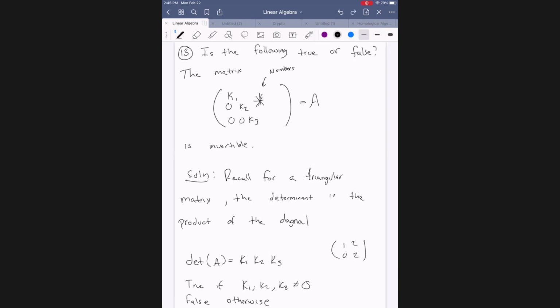So you can always check yourself with examples as well. If you don't know if something's true or false, always do the easiest example and check yourself. That's the strategy with true and false questions. Small examples will always at the very least help you determine if it's true or false.